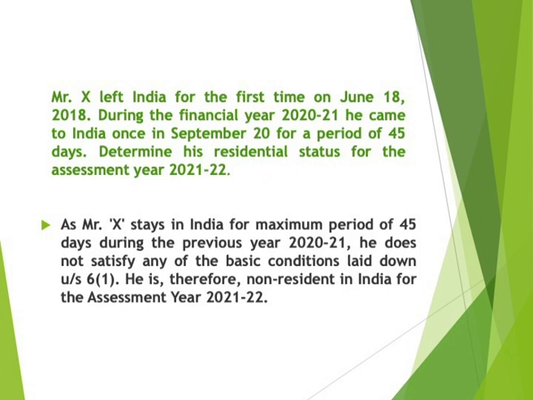What is our assessment year? If you look here, it is showing 2021-22. So, what will be our previous year? 2020-21, that is 1st April 2020 to 31st March 2021. In this period, let us check whether he is in India for 182 days or not.